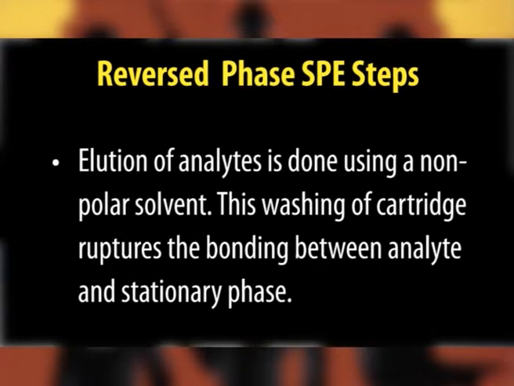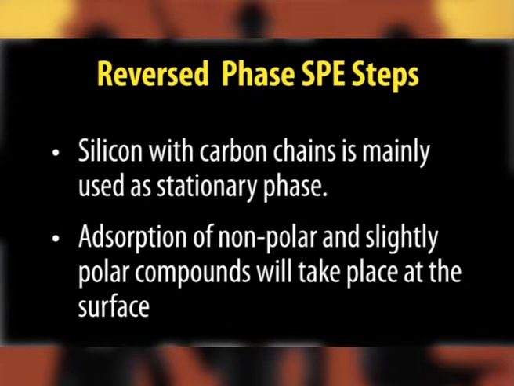Elution of the analyte is done using a non-polar solvent. This washing of the cartridge ruptures the bonding between the analyte and the stationary phase. Silicon with carbon chain is mainly used as the stationary phase. Adsorption of non-polar and slightly polar compounds will take place at the surface.